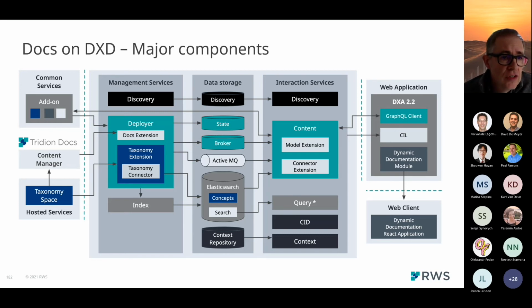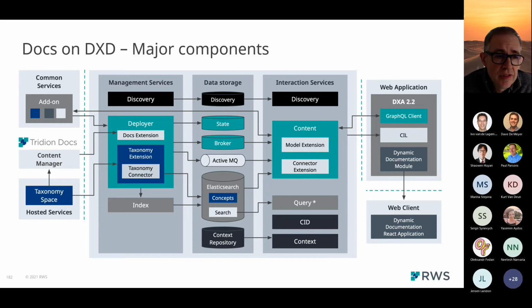This state store is used by the deployer. So when we publish to the deployer, we essentially take the package coming from Docs in this case, put it in a local binary data store, and then we also maintain state about the package through the deployer lifecycle.